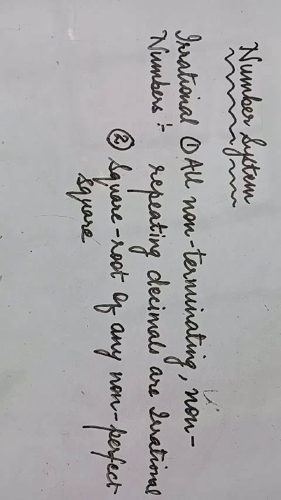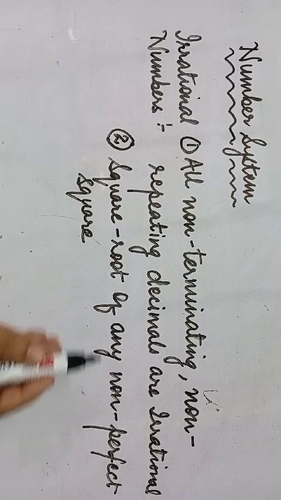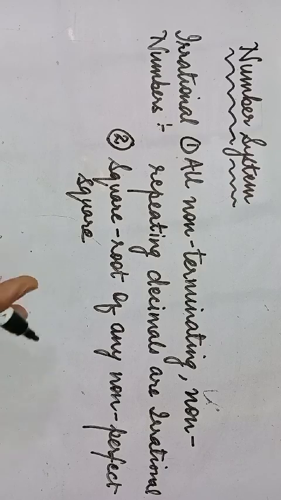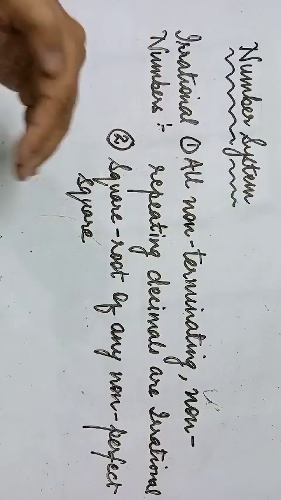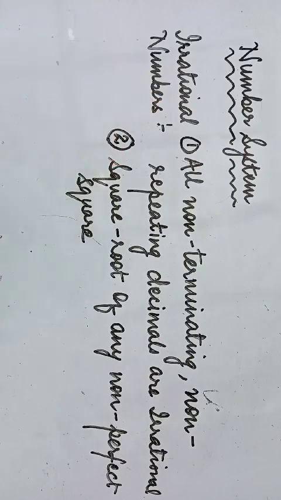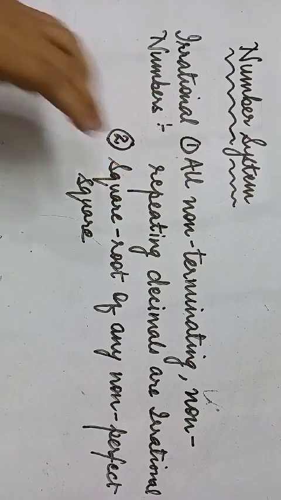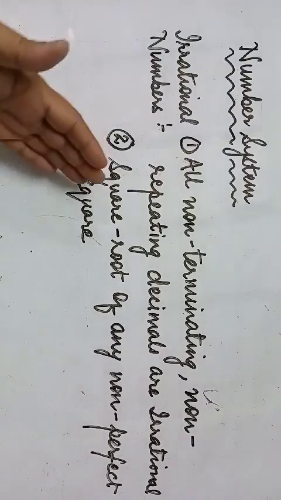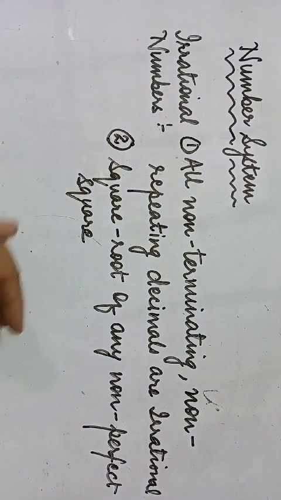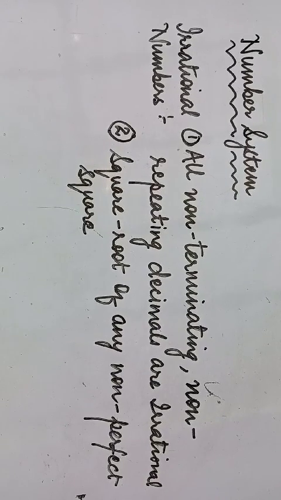So what are all these numbers? These numbers are square roots of non-perfect squares. Had they been perfect squares, then only one number would have come out, and then we could have written it in the p by q form. So that would have become a rational number. Similarly you can have the cube roots of any non-perfect cube number, and so on and so forth.